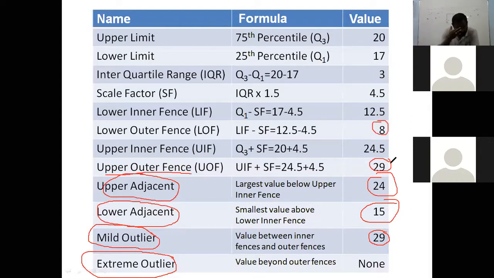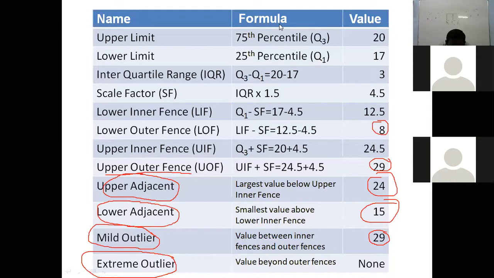Can somebody tell me, is there any value higher than 29 and lower than 8 in our data?